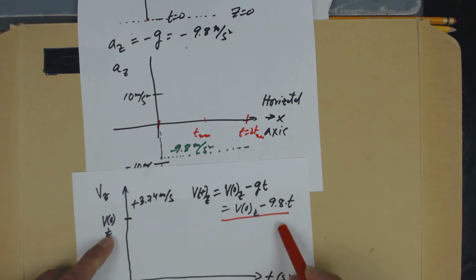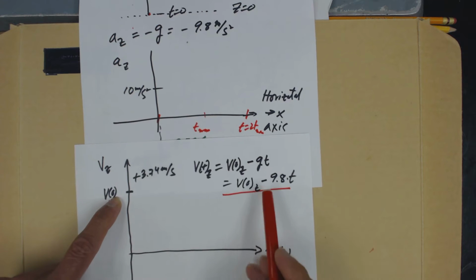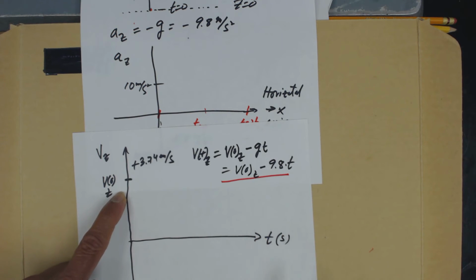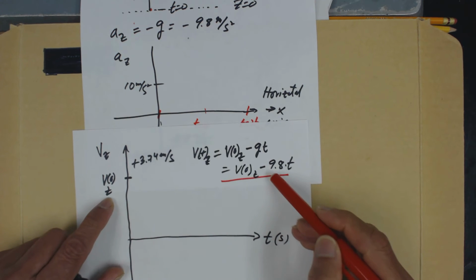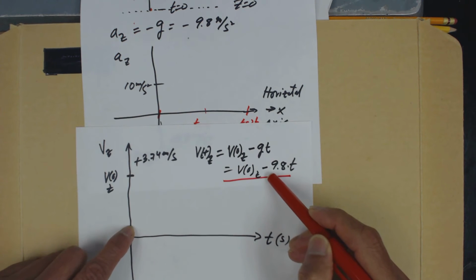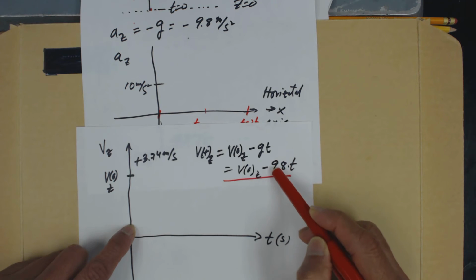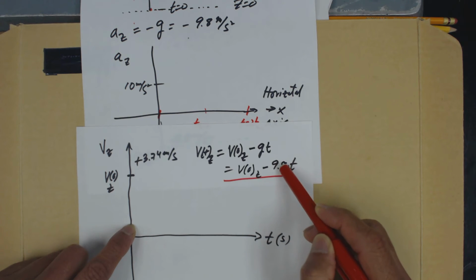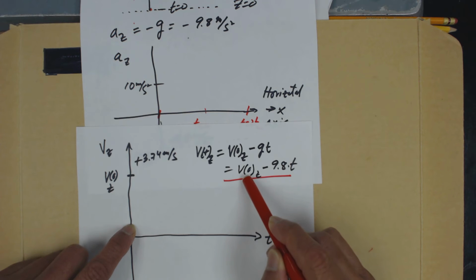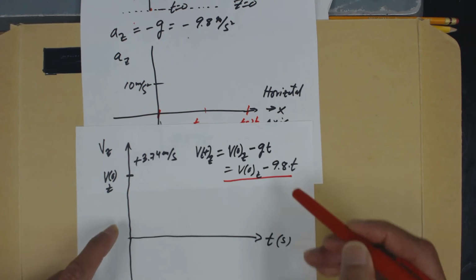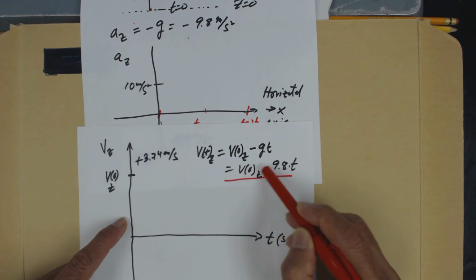At the beginning, at t equal to 0, vz is 3.74 meters per second. What's going to happen next instant? Due to the acceleration downward, v will be less than what it was before. V was plus 3.7, it will be less. Until when? Until this term is exactly 3.74.